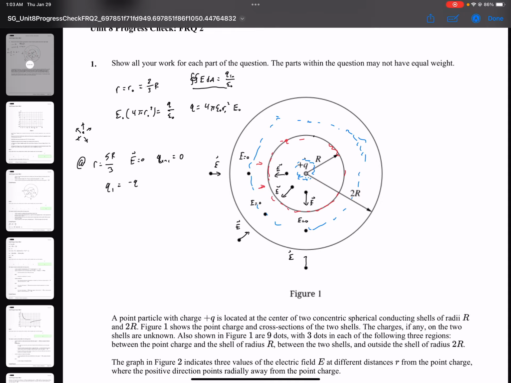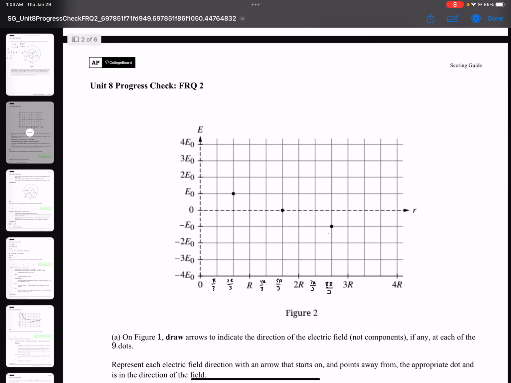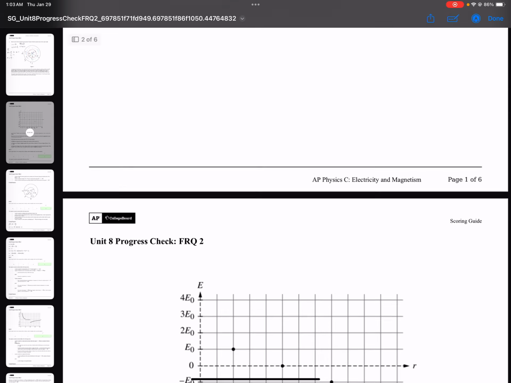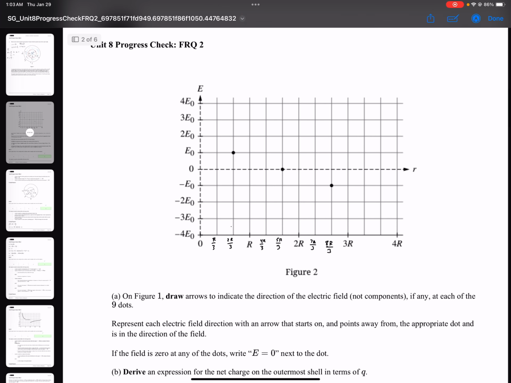All right, so now that I know these two facts, we can finally solve for the amount of charge that has to be on the outermost conductor. All right, so at R is equal to 8R over 3. Okay, we know that the electric field strength, so here I'm writing everything in terms of the initial radius, right?